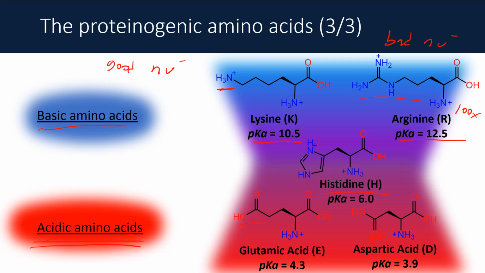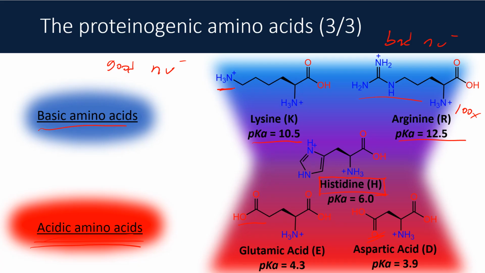Now in the middle, we have histidine. Most textbooks are quick to call this a basic amino acid, such as lysine and arginine. And I get it. It has an imidazole side chain that has a titratable nitrogen atom with a pKa that is 6. All right. In later chapters, it will become apparent that histidine can act as both a base and an acid. And I think that pKa foreshadows that.